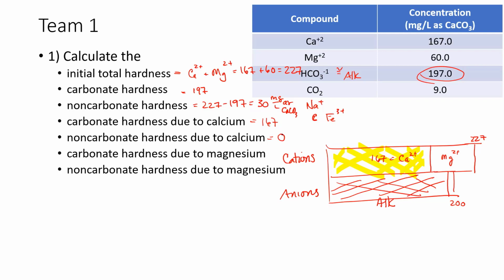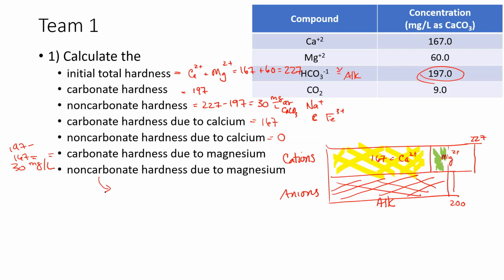The carbonate hardness due to magnesium is this portion, this green portion here. So that is equal to the 197 minus the 167, or 30 milligrams per liter. So the carbonate hardness due to magnesium is 30 milligrams per liter.